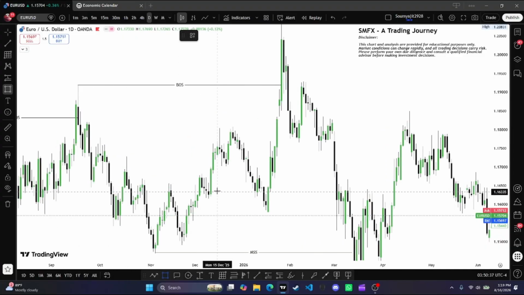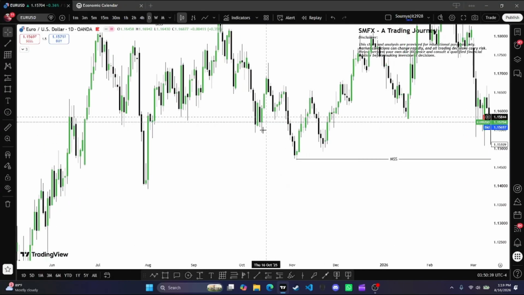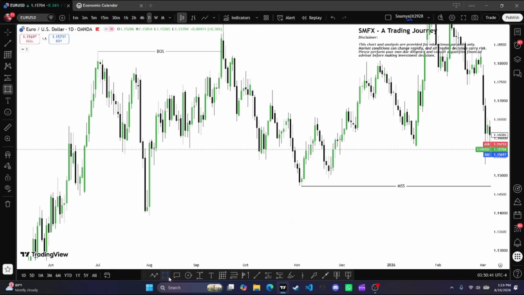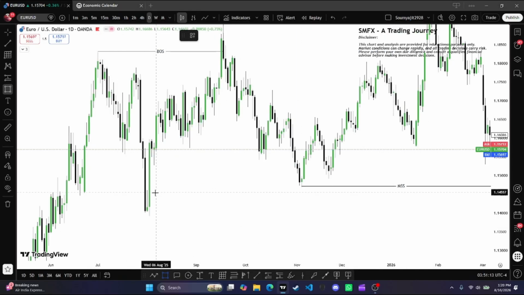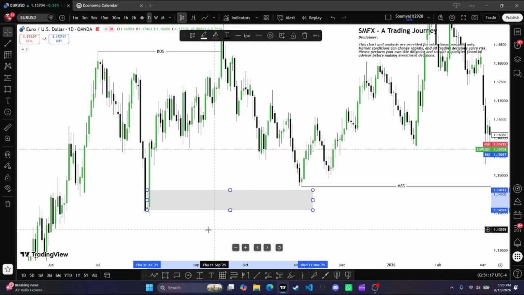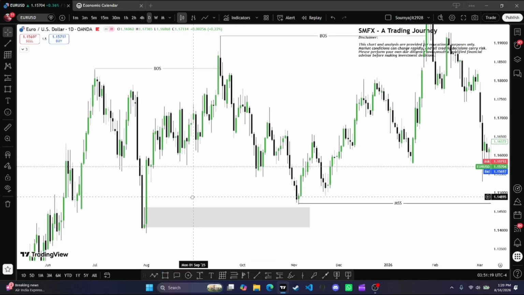So we have this order block, right? We have many order blocks in this area. First of all, you can see this is an order block because this is a rejection candle. This is our FVG. In this particular area, we have this order block. This is a rejection candle, this is an imbalance.